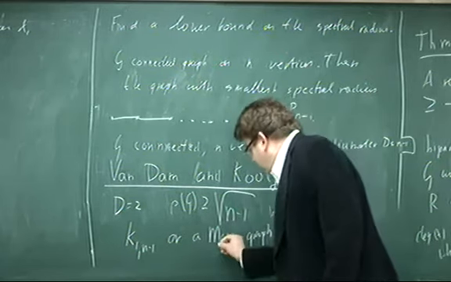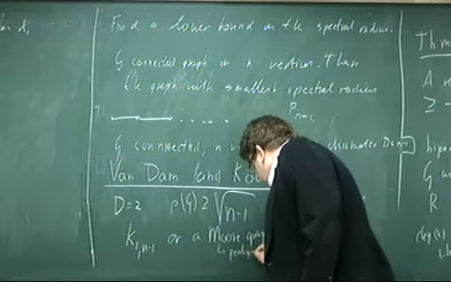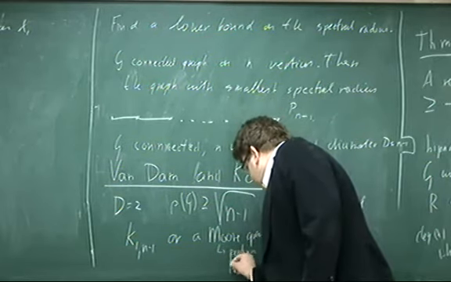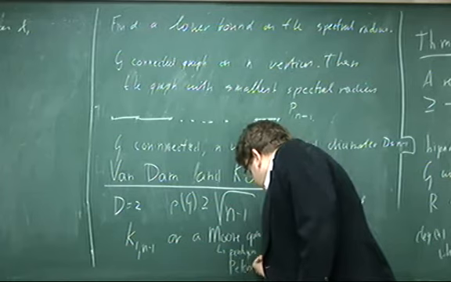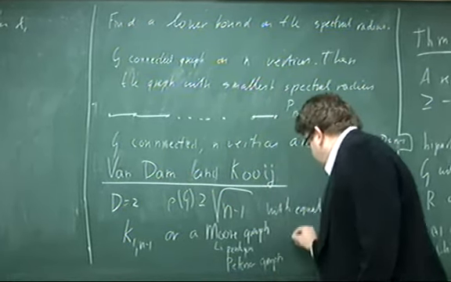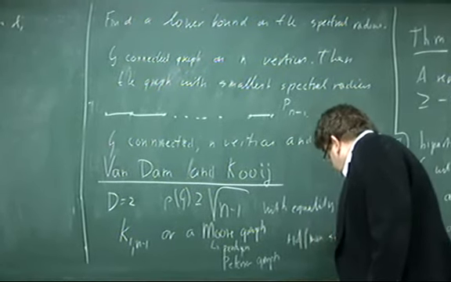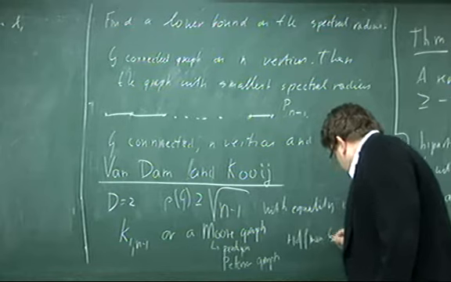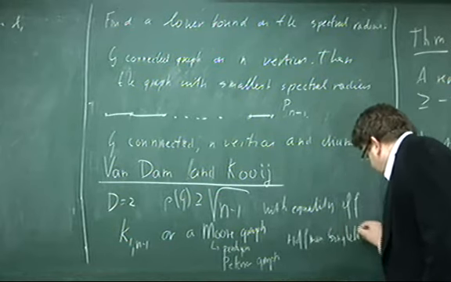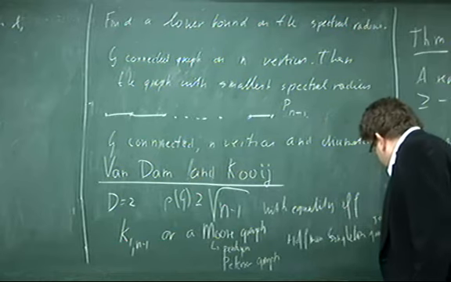And for the Moore graphs there are the pentagon, the Petersen graph, the Hoffman-Singleton graph, and this has 50 vertices.